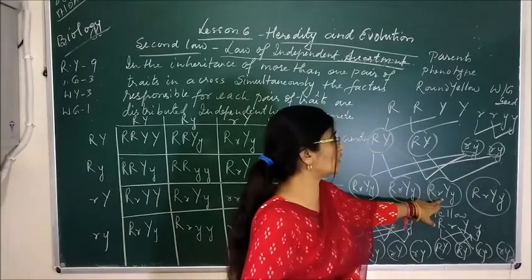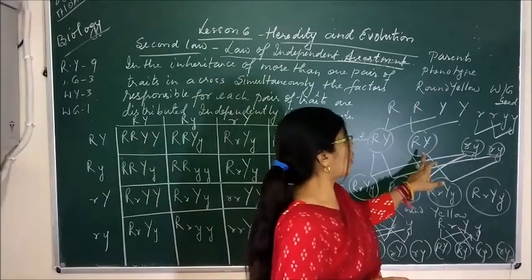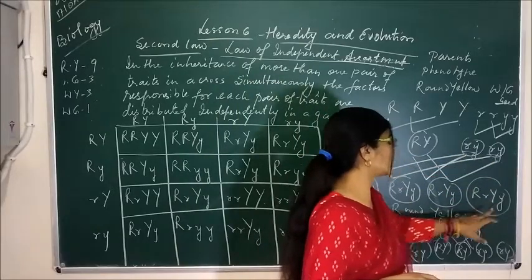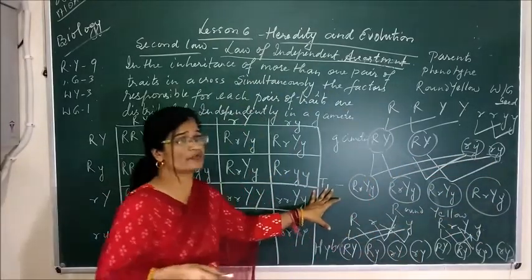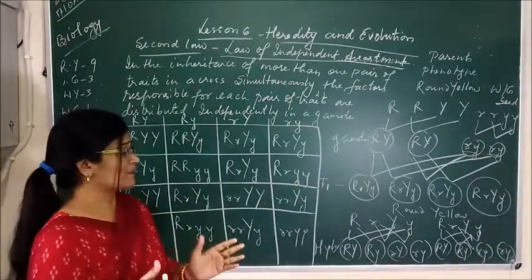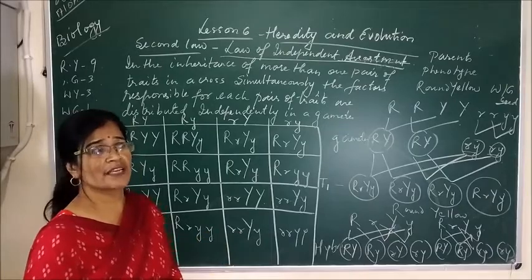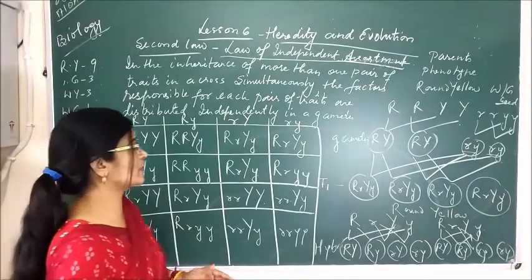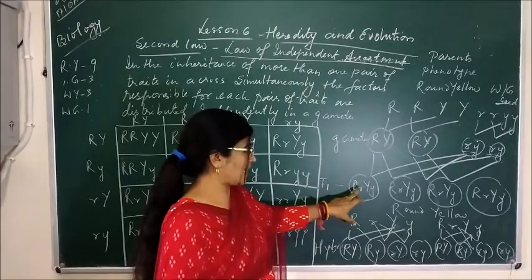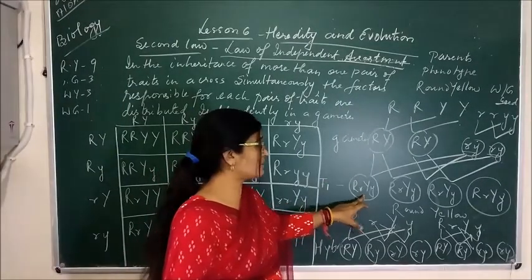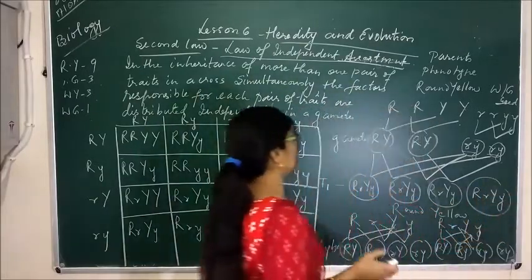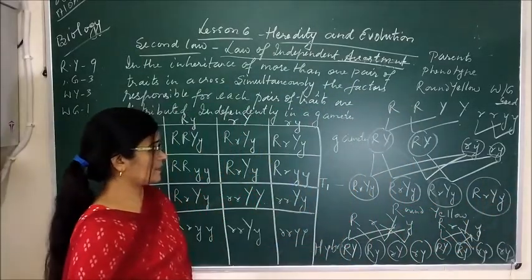He found round yellow, RY. Again, in the second, third and fourth crosses, he found round yellow only, because all the characters were dominant. And we all know that whenever the dominant character is there, the recessive character doesn't show its appearance. Only the round shape and yellow color of the seeds appeared, because both were dominant characters.